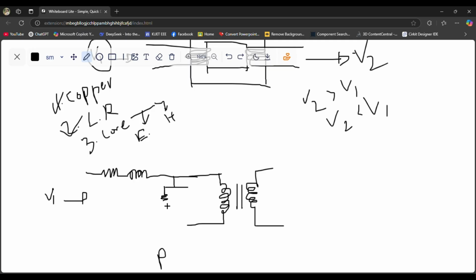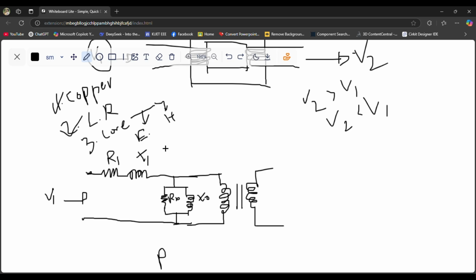We have to take the resistance part, which is for the core loss, like eddy current loss or hysteresis loss, and this reactance makes the flux. This is the magnetizing component. So we can say this is R1, this is X1, this is R0, this is X0, and we can make the circuit complete like this.